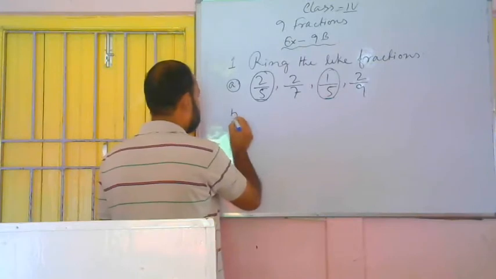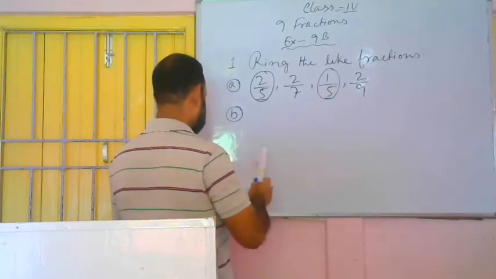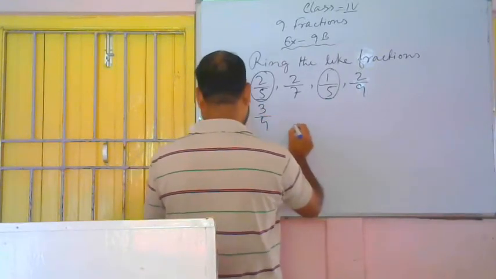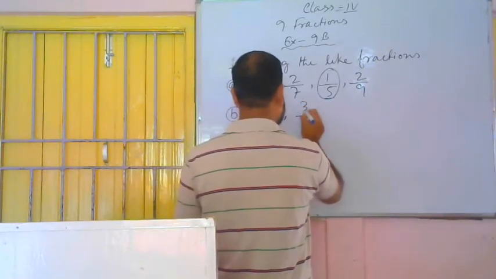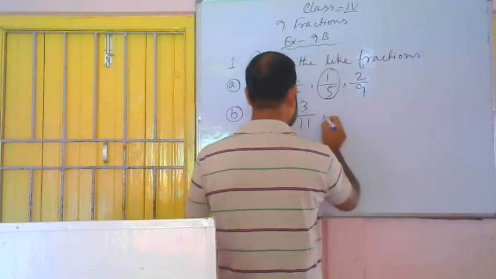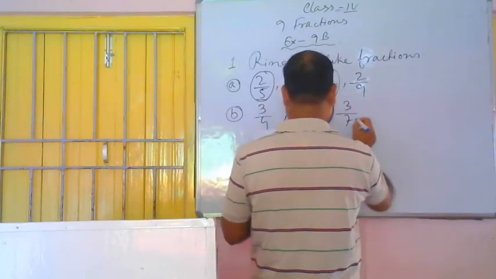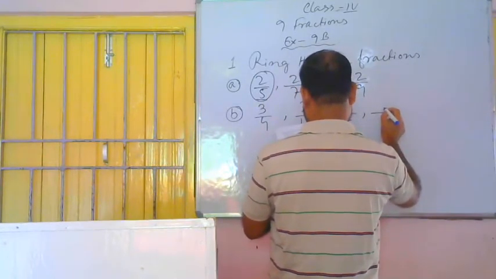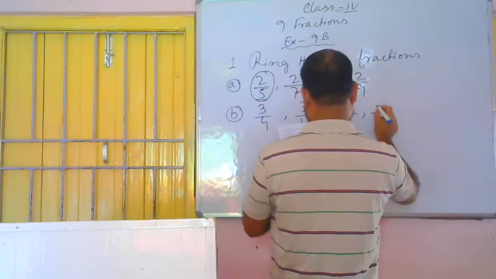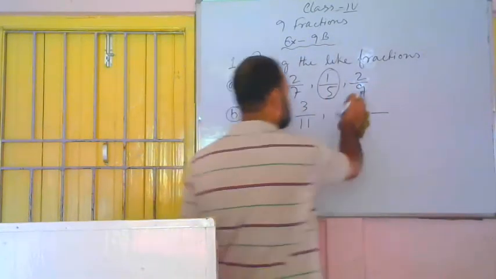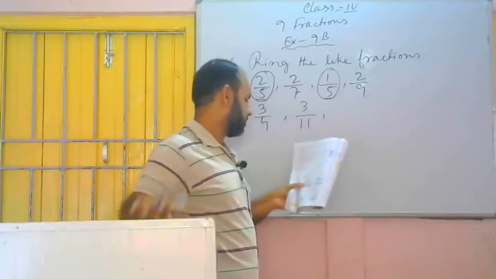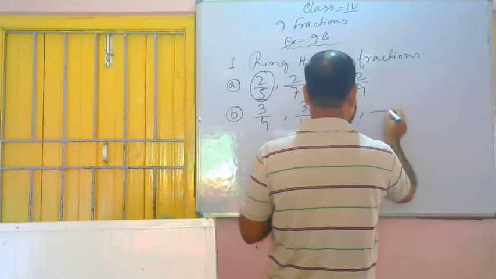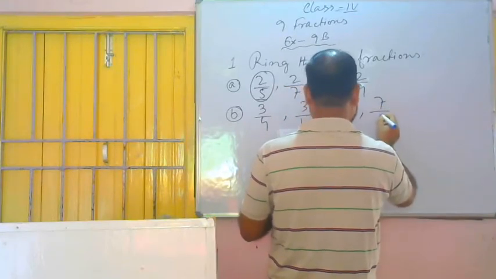Question number B: 3 by 4, 3 by 11, 3 by 7, 7 by 11 and 7 by 9.